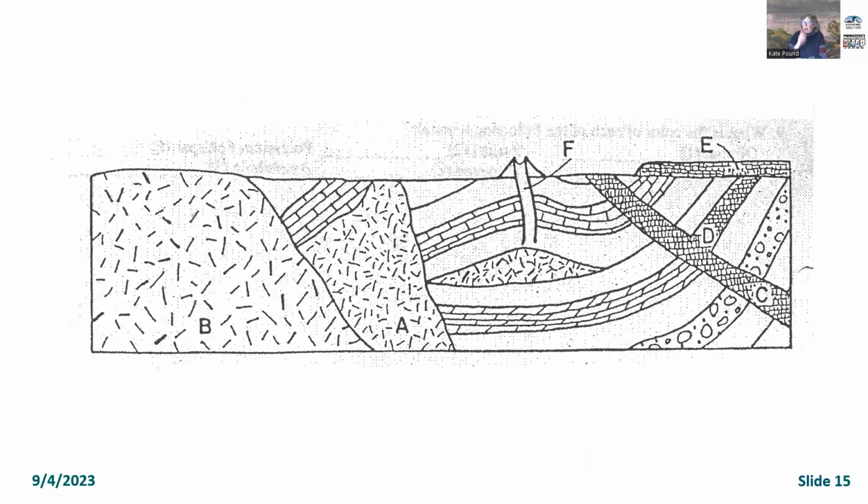I want you to now look at this cross section. This is a vertical slice, and imagine that you're just walking along the surface here. There's a bunch of units that have been identified, B and then A. They are both part of a batholith. F is the conduit that's feeding this volcano on the surface.